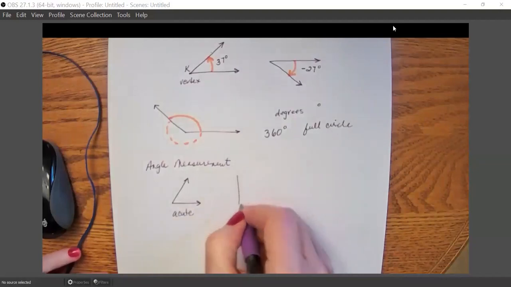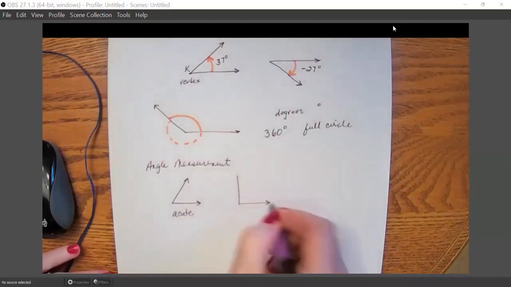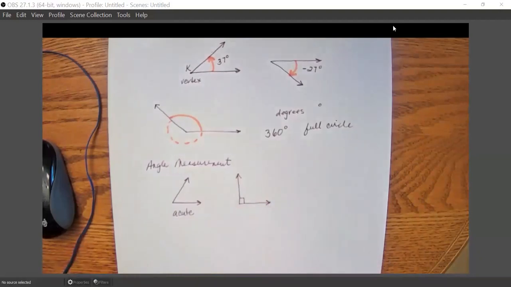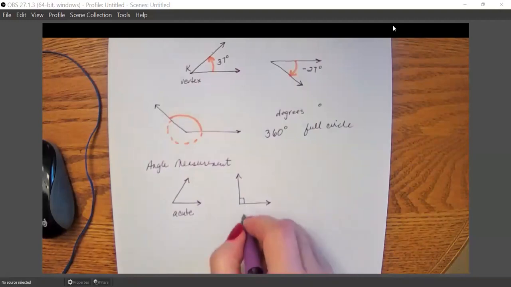If an angle measurement is exactly 90 degrees, we would usually mark that with a little box in the corner. That's the symbol to say a 90-degree angle. It comes to an exact square corner, like the corner of the page. We would call that a right angle.